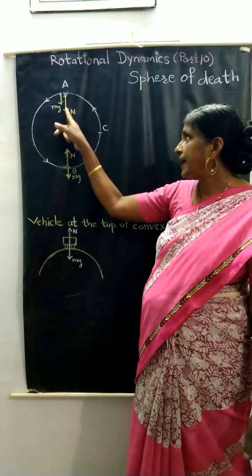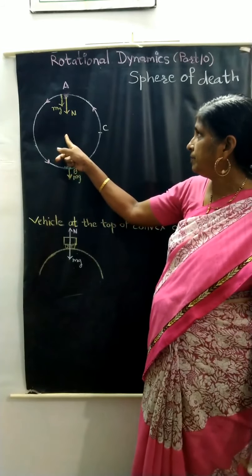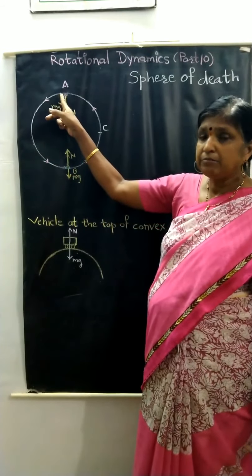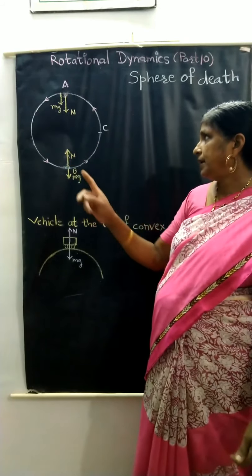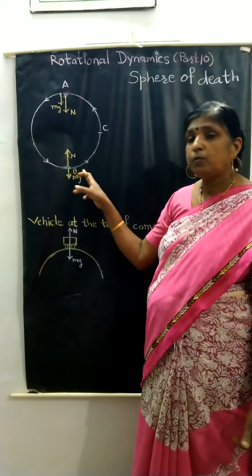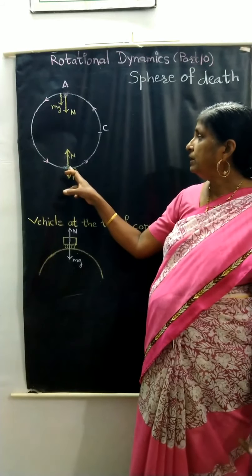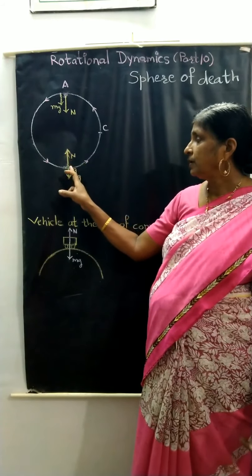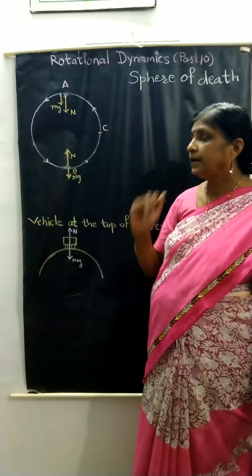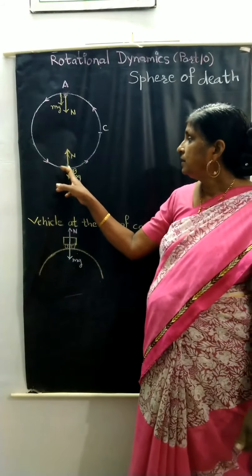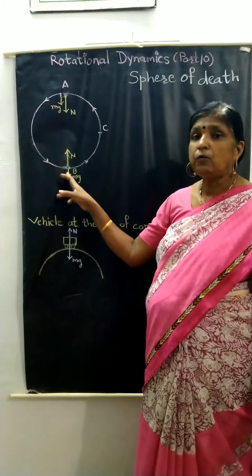Therefore, the normal reaction will act towards the center of the circle, and the weight mg of the bike rider is always in downward direction. For the lowermost position, the normal reaction will be normal to the surface, that is towards the center of the circle in vertically upward direction, whereas the weight of the bike rider will be in downward direction.